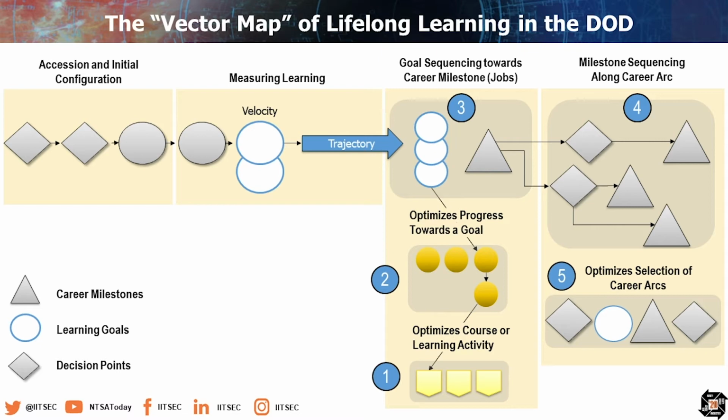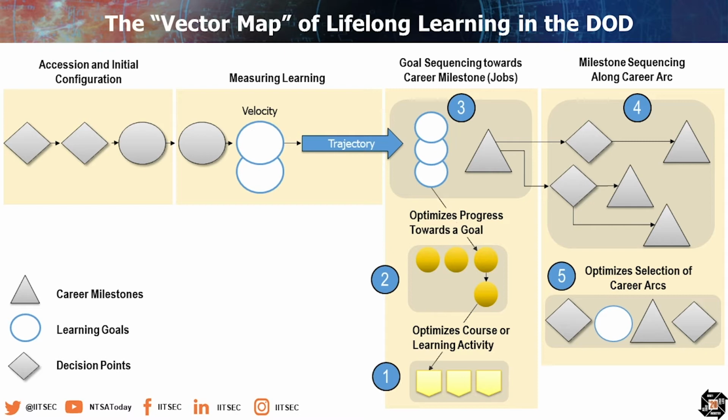So first off, we have different decision points, from accession and selection and initial training, that then send us on a career. And that career is going to be composed of a number of different credentials and jobs and duties and things that we need to go learn how to do.